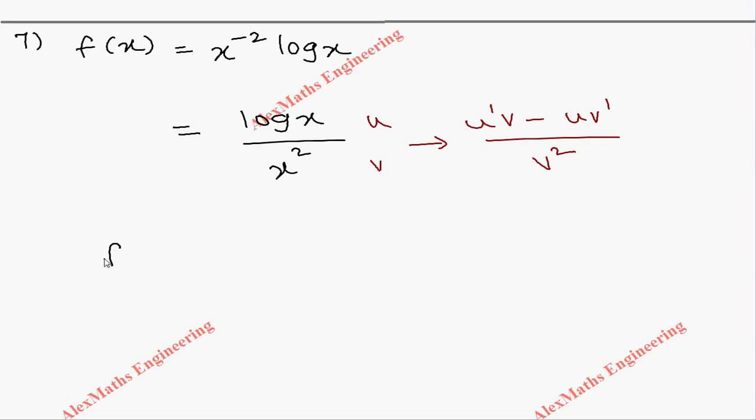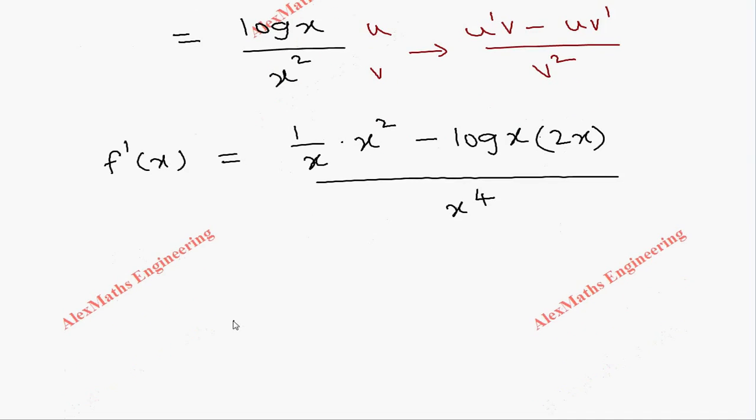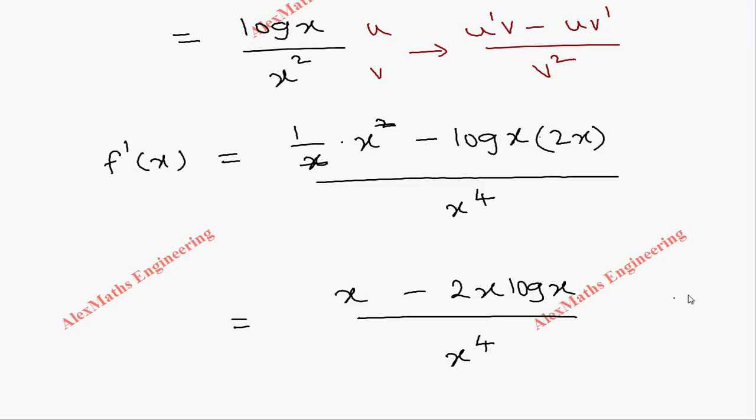So f dash of x is going to be, first, u dash, differentiation of log x is 1 by x, into v we copy as it is, minus u we copy as it is, differentiation of x square is 2x. Then we have v square, which is x power 4. Now we can cancel this. So this is x minus 2x log x whole divided by x power 4.